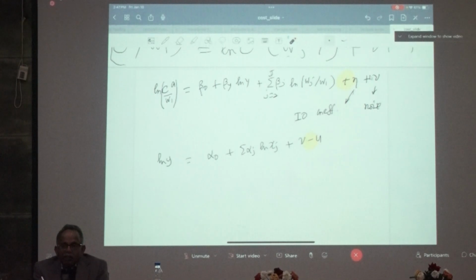The difficulty is in here, getting input prices. Now, most of the cases, you don't get input prices, or even if you get the information on input prices, there may not be much variation. Okay, so if you are looking at price of fertilizer, and I ask all the farmers in Haryana, well, what is the price of fertilizer that you use?